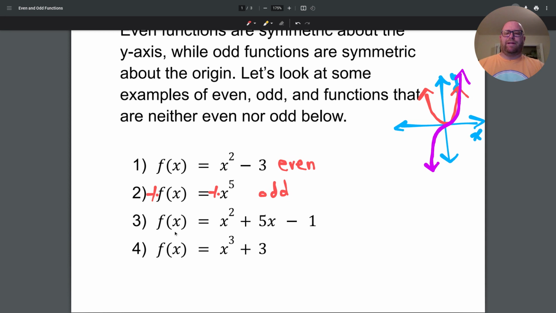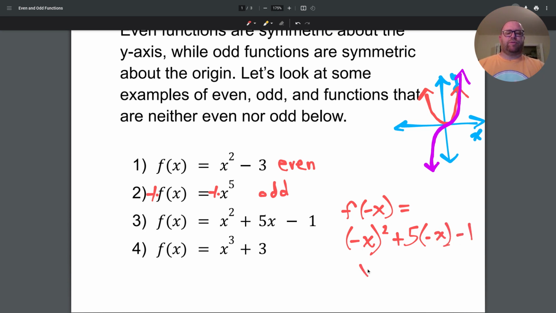Okay, let's look at this one. f of x equals x squared plus 5x minus 1. Well, if I plug in negative x, what do I get here? I get negative x squared plus 5 times negative x minus 1.